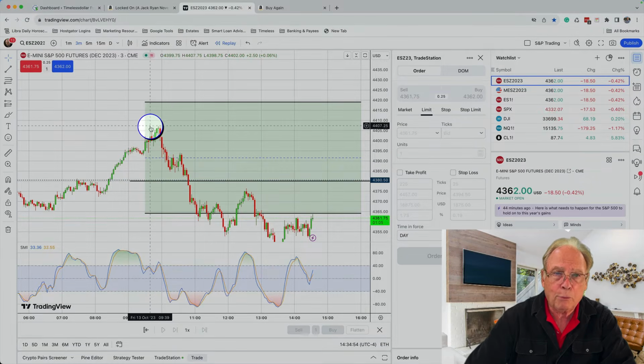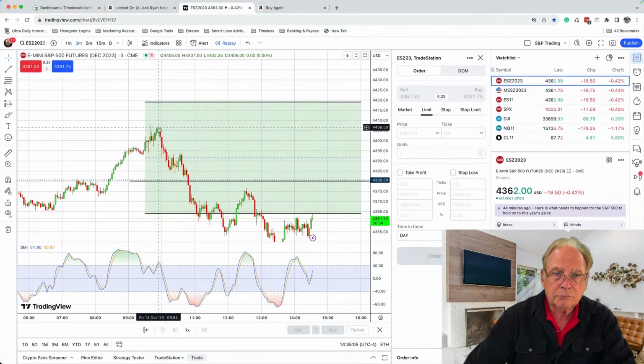Each candle is 3 minutes. The market retreated, then continued its march up and almost took out the previous high. The key being almost.